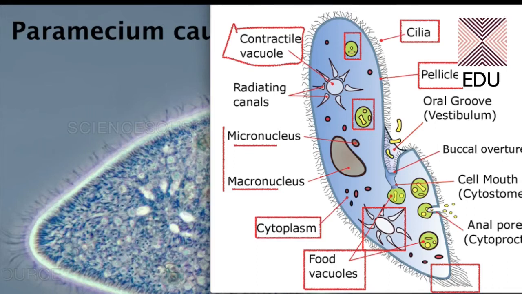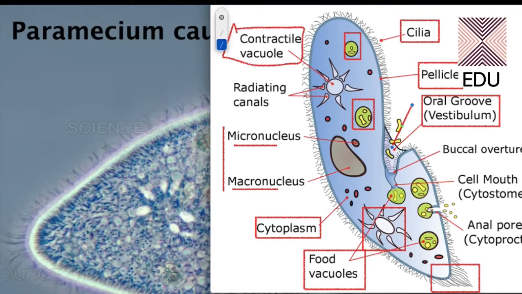Now here we have the oral groove. Oral groove refers to the incoming canal from which the food comes inside the paramecium. You can see 3 food particles coming towards the paramecium. The mechanism will be taken up later.